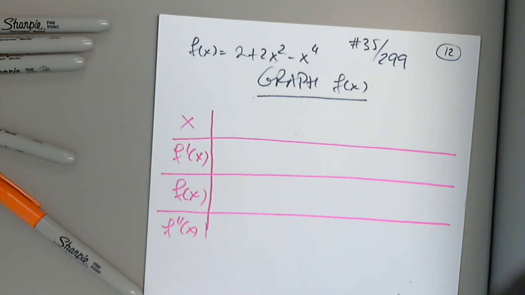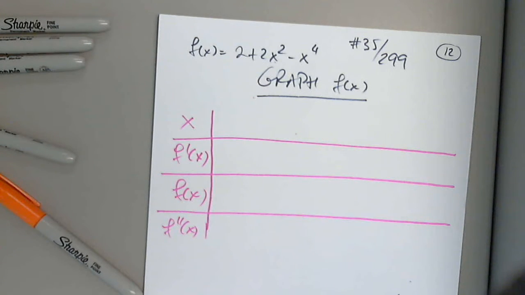Now you may ask, why don't you put it in order, like f of x first and f prime, and then f double prime? For several reasons. Sometimes this would be too difficult to worry about. It will take too long to find it. So I may not need it.